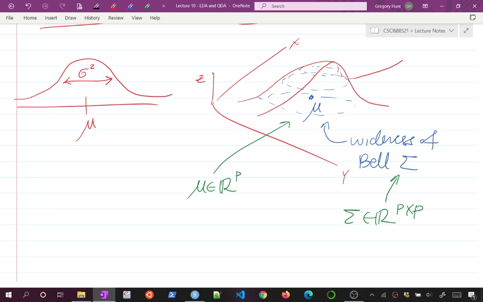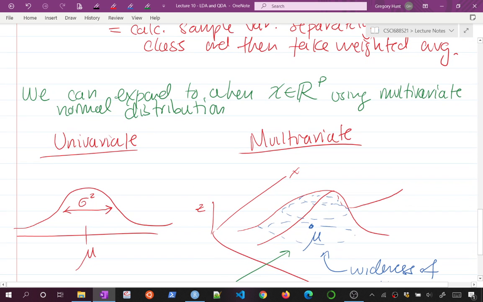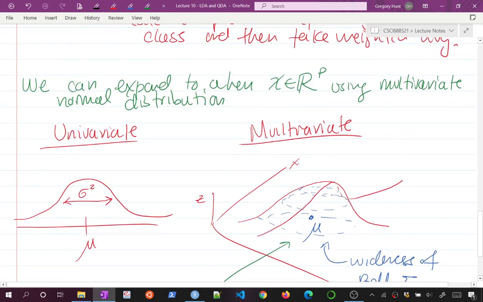And so mu is just the coordinate means, and sigma is the covariance matrix, where one way you can think of this is that the ij-th entry of sigma is exactly the covariance between the i-th and j-th components of an x if it were distributed in this way, a multivariate x.